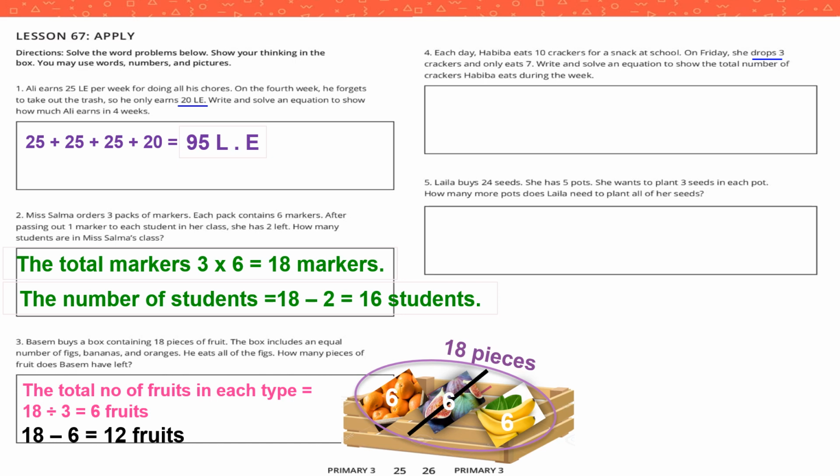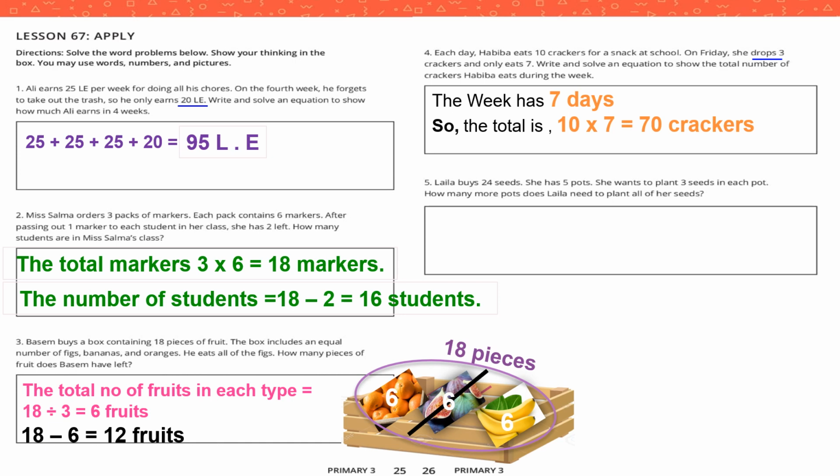She drops 3. Write and solve an equation to show the total number. The week has 7 days. We want to know the total number of crackers Habiba ate during the week. And we know that a week has 7 days. So the total will be 10 times 7 equals 70.